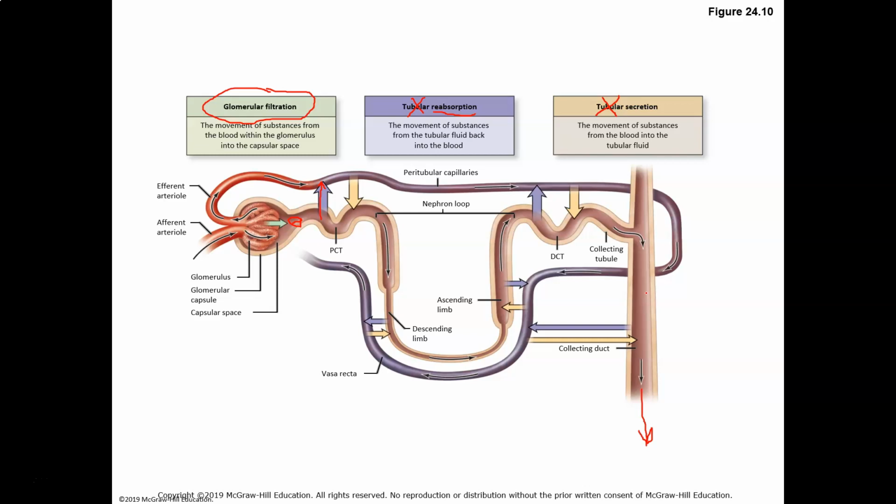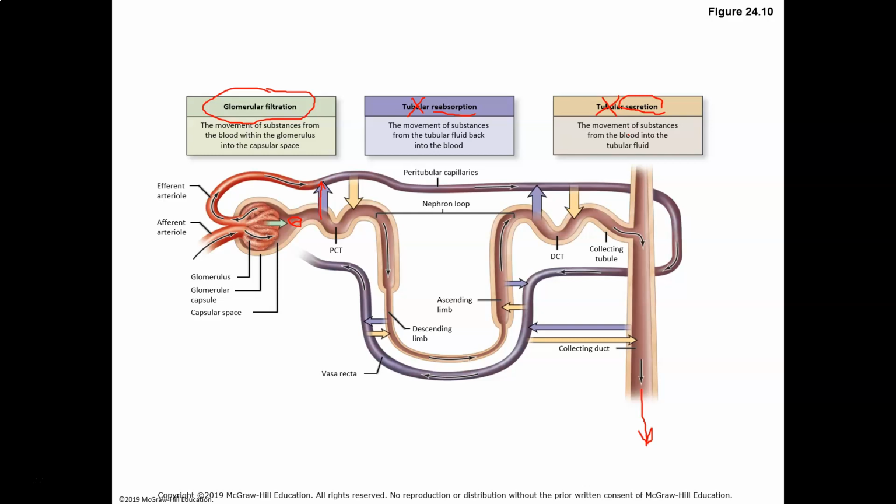You want to get rid of it. If you want to get rid of it, you want to secrete it. So, any process whereby you're bringing something out of the tubule back to the blood vessels, that's called reabsorption. If you want to take it out of the blood vessels, the capillaries, into the tubule system, you are secreting it. Doesn't matter what it is.